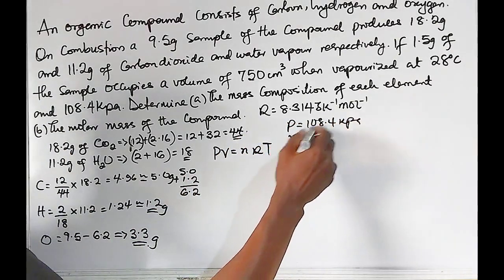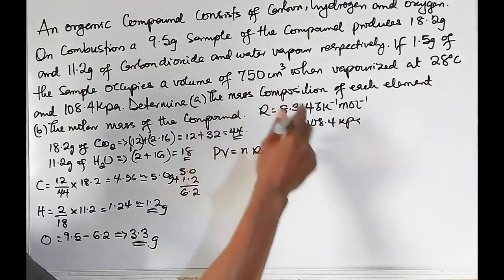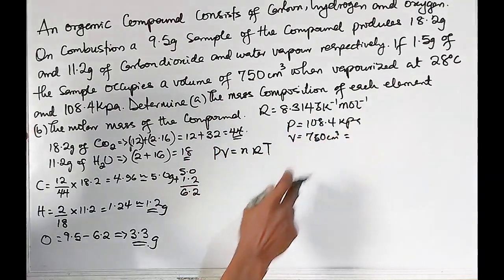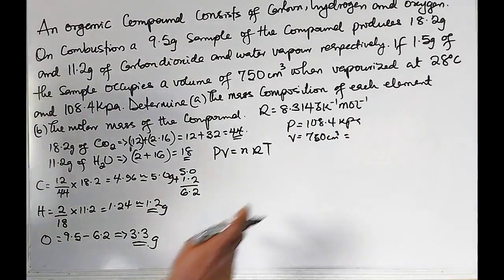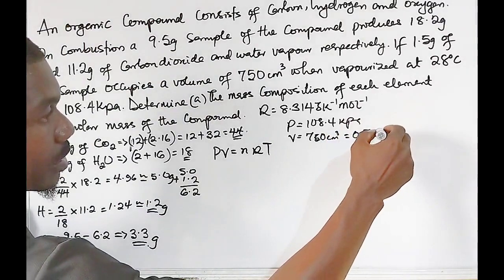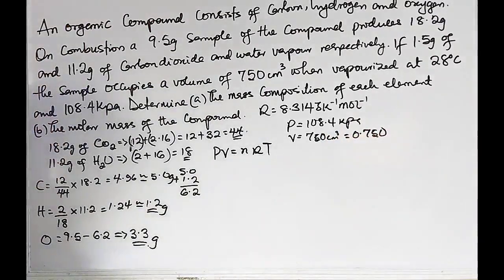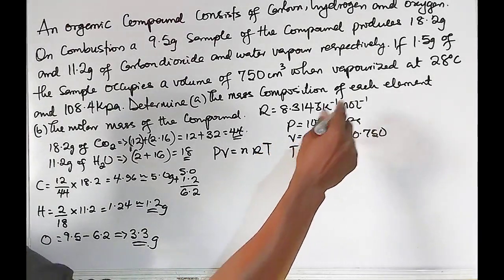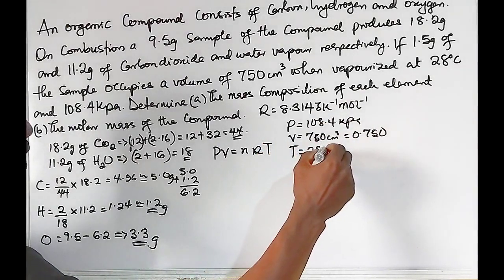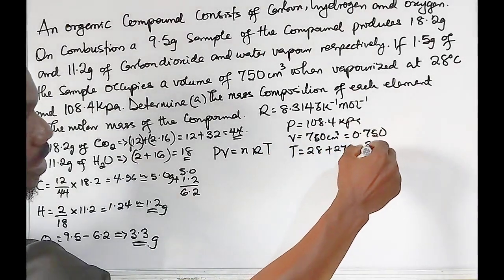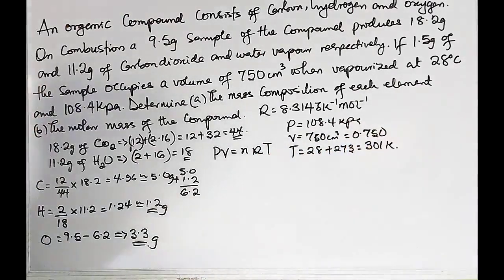Now our volume is given in centimeter cube. If I divide it by 1000 to give us decimeter cube, you have 0.750. Then here we have the temperature. Here you have 28 plus 273. Now this should give us 301 Kelvin.